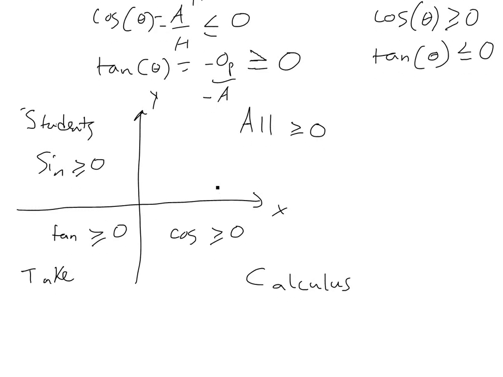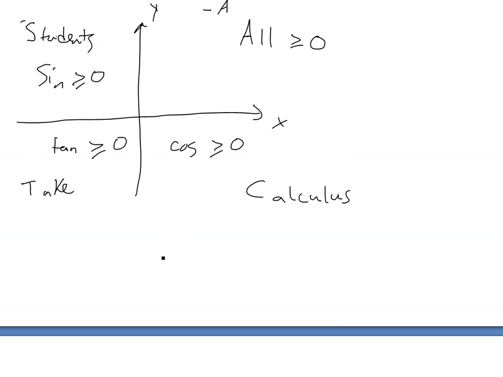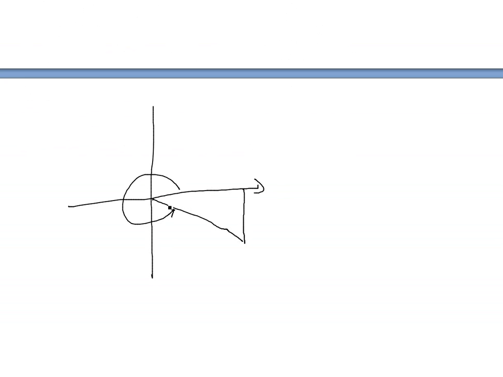And this is actually useful when you look at angles like this. Well, all students take calculus, they should. So if you have an angle here, say 350 degrees, the reference angle is -10, so you look at the 10.